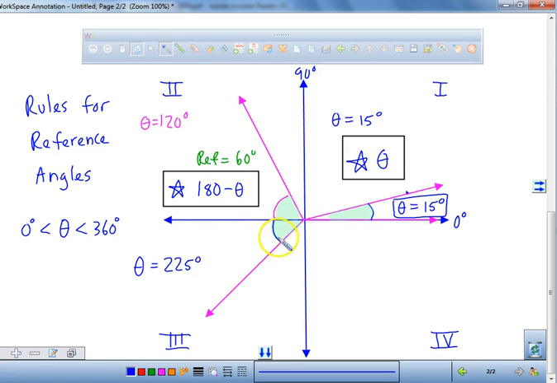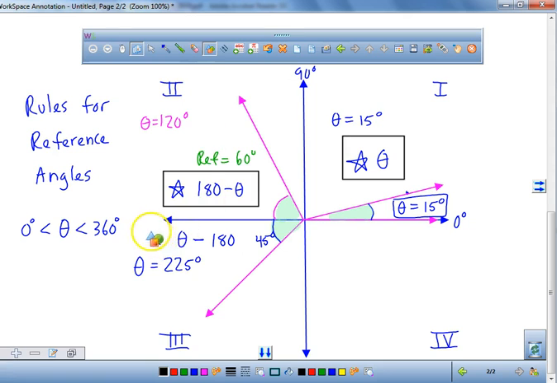That's a good guess. It is 45 degrees. Here's the rule: theta minus 180. That's the rule if it's in the third quadrant. So in the third quadrant, it's theta minus 180. What's 225 minus 180? 45 degrees.